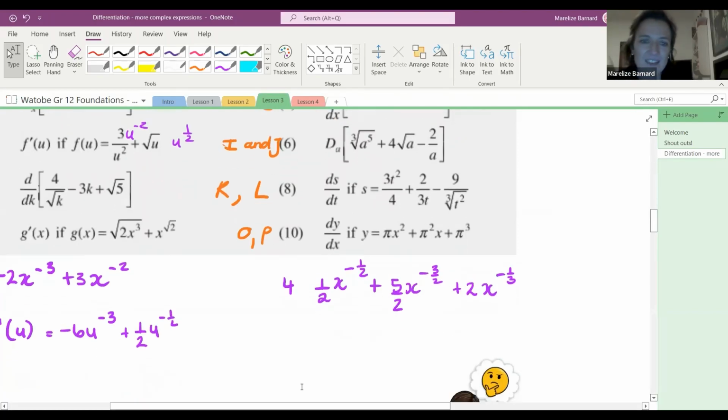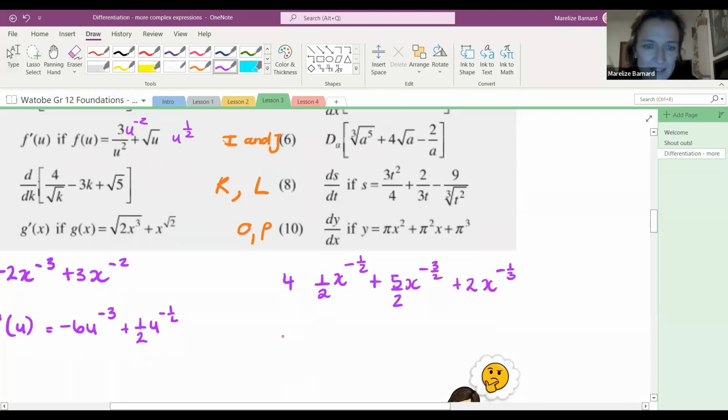Yeah, that's it. Okay, so let's have a look at question 6. We are going to differentiate. This is going to change to 5 over 3. That will be a to the power of a half, and this will be a to the power of minus 1.